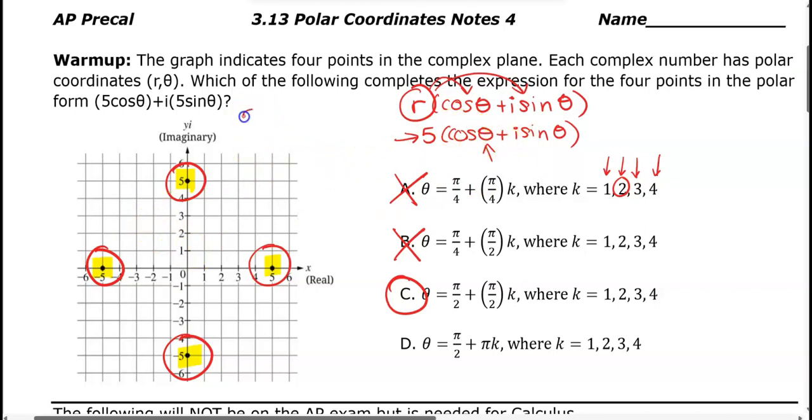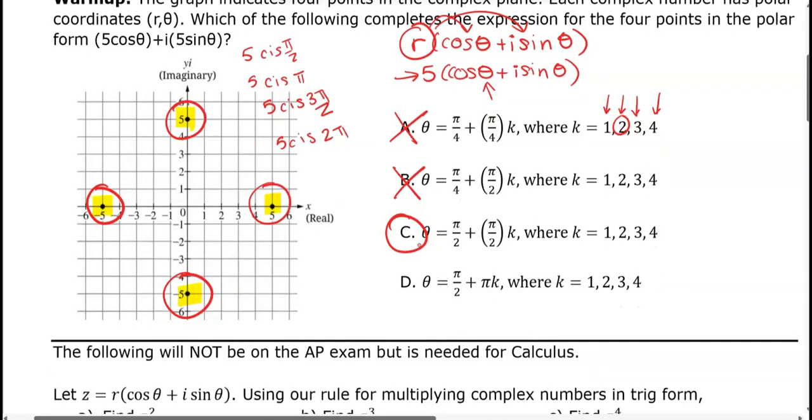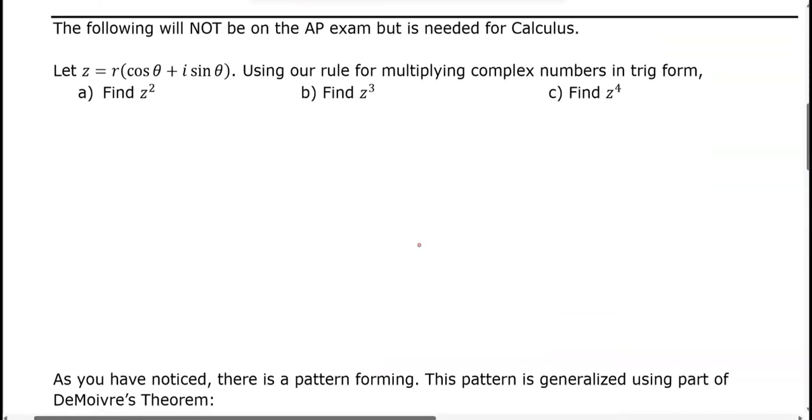I could have 5 cis pi over 2, and the next one would be 5 cis pi, 5 cis 3 pi over 2, 5 cis 2 pi. And if I notice all of these right here, that's what I get on C. All right, so let's come down here.